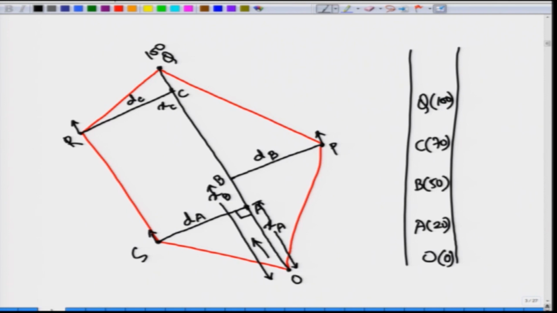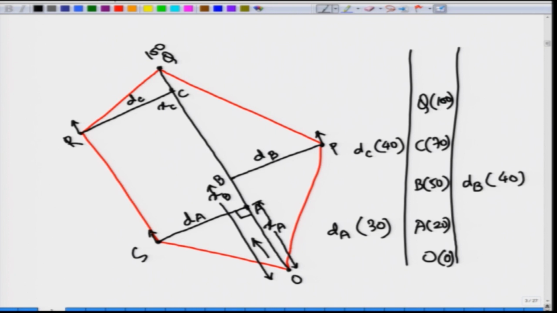Now, at position A you had the distance d A, let us say that this was 30 meters. At position B you had d B which was, say, 40 meters. At position C you had d C which was, say, 40 meters, and then you had the final position Q.